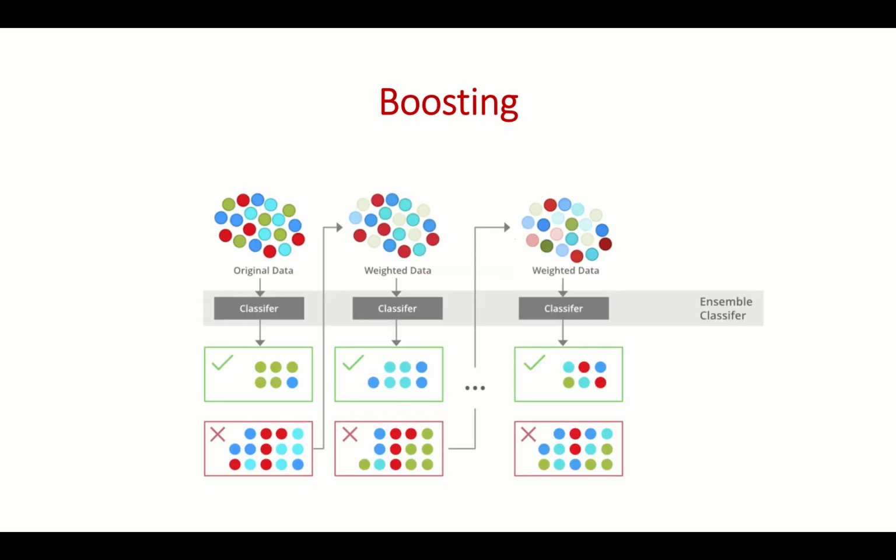In the case of the boosting method, you take the full data and train it with a classifier. The classifier will definitely have some errors in its predictions. These errors, or incorrectly classified instances, are given as input to the next classifier so that you can adjust the weights, because some of the instances are wrongly classified.